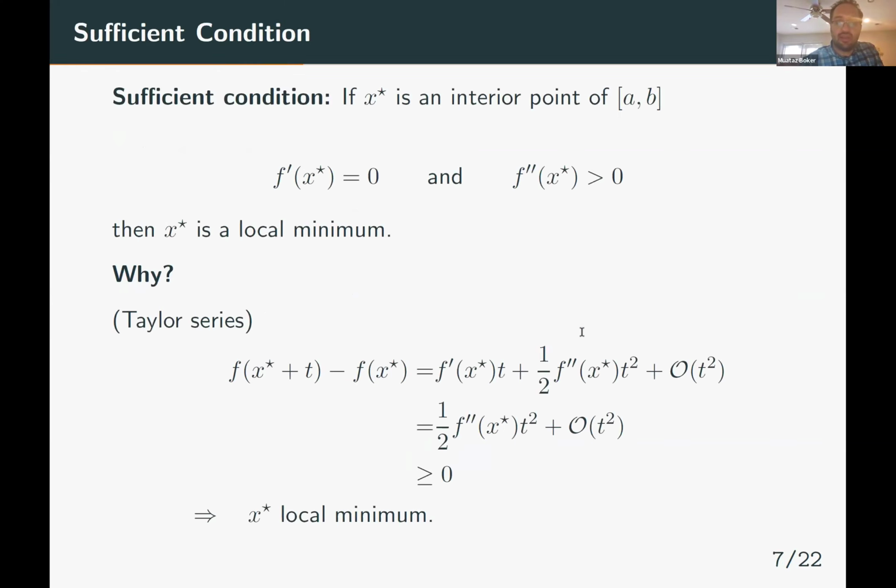Then, in addition to the necessary condition, we have a sufficient condition, which is if x star is an interior point of the domain, and the derivative of f at x star is equal to 0, and the second derivative of f at x star is positive, then x star is a local minimum. So we need the first derivative to be equal to 0 and the second derivative to be positive. That implies that we have a local minimum.